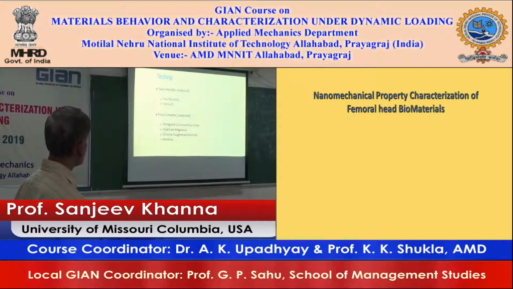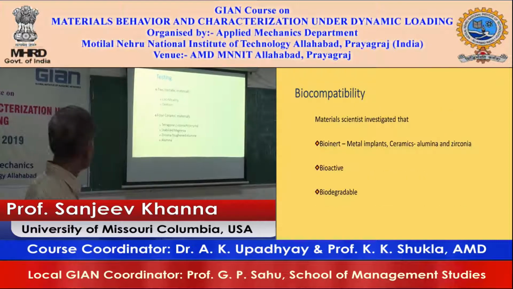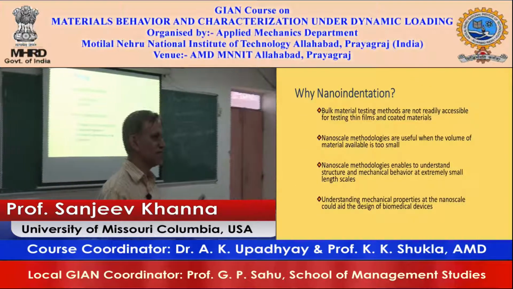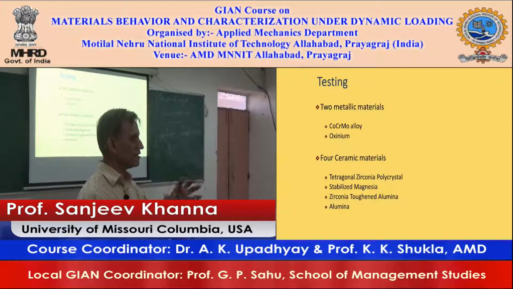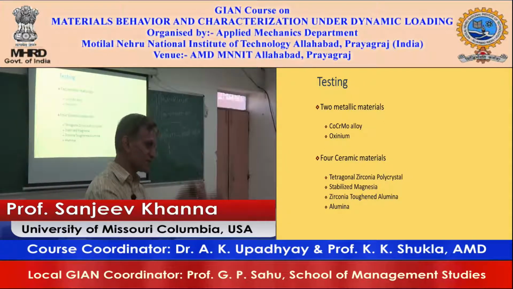These are the different things used: cobalt chrome molybdenum alloys. Oxinium is another material that's used. Oxinium has a very hard surface shell, but it is softer on the inside.